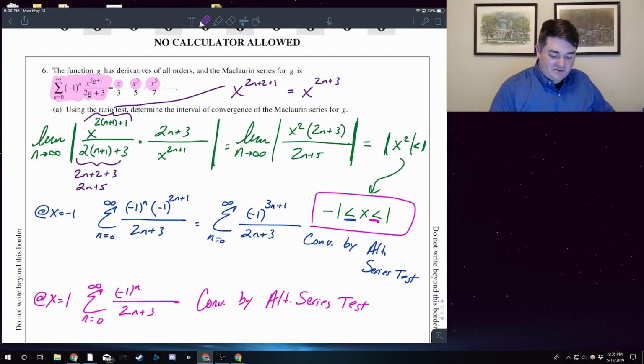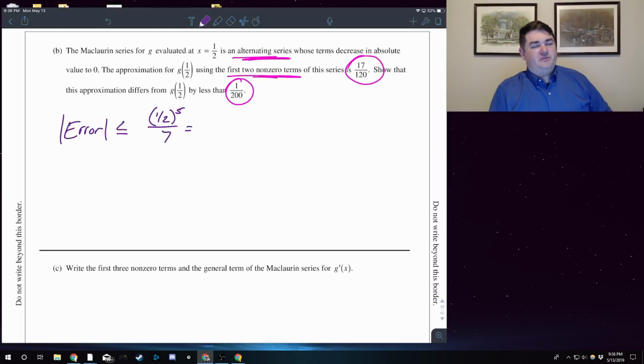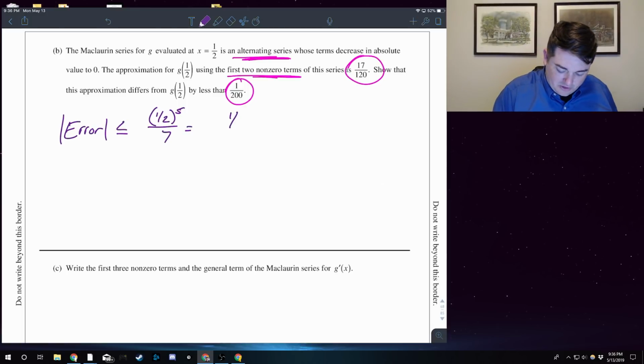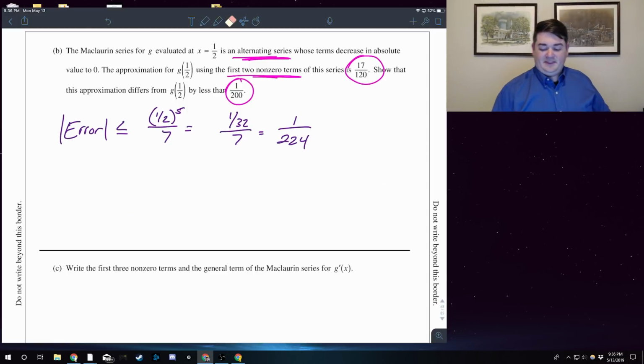But on that alternating series error bound, here's your 3rd term, x to the 5th over 7. So you can say that the error in absolute value is less than or equal to 1/2 to the 5th over 7. 2 to the 5th power is 32, so that's 1 over 32 over 7, which is 1 over 224, and 1 over 224 is in fact less than 1 over 200.